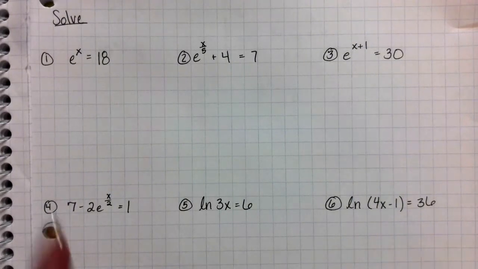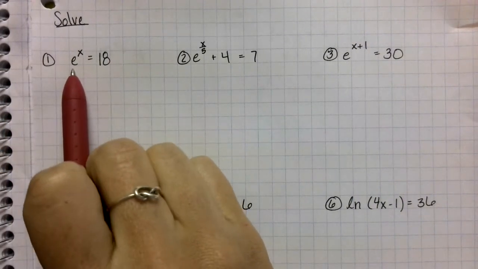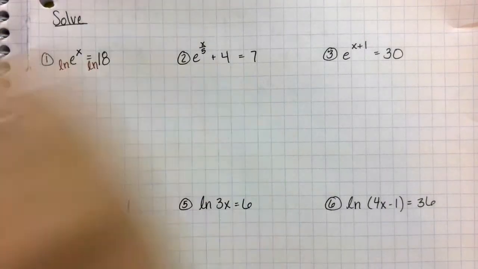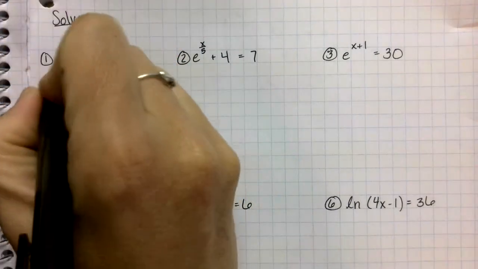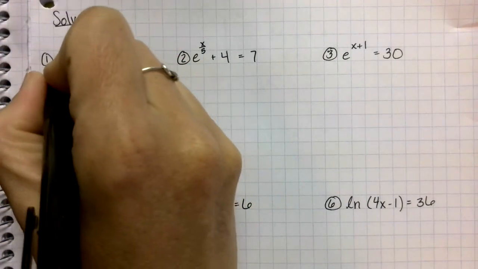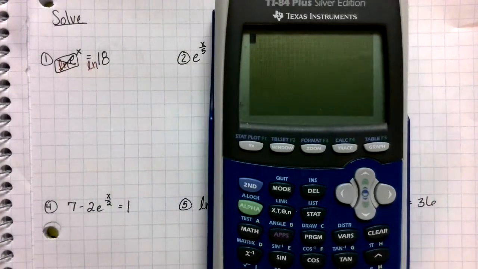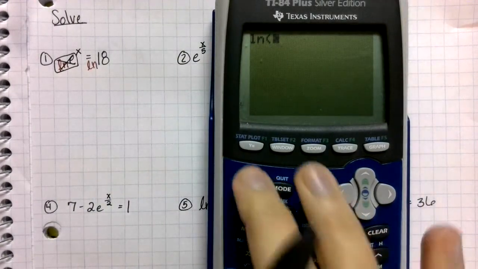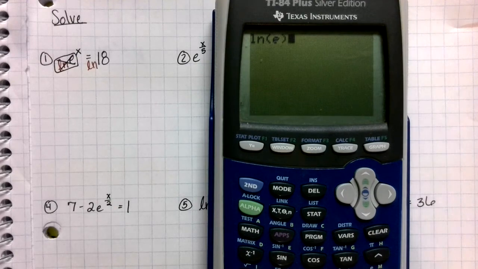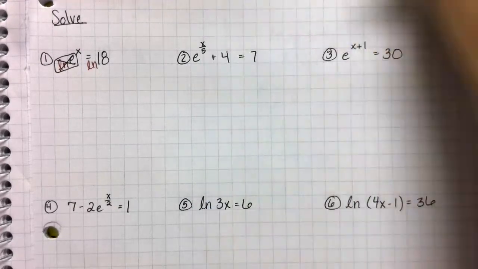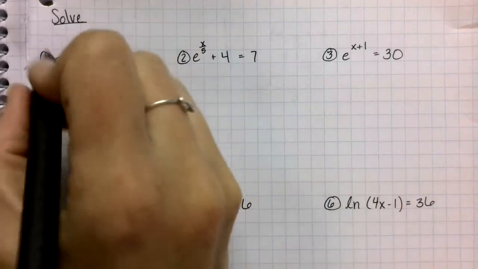What you can do with these is, once your E part is all by itself, take the natural log of each side. One of the things we talked about is that when you put natural log and E together, that is equal to 1. So the 1 doesn't do anything for us, it just goes away.